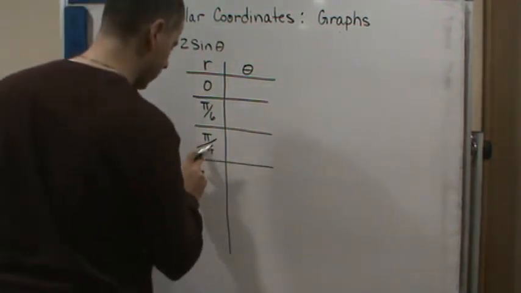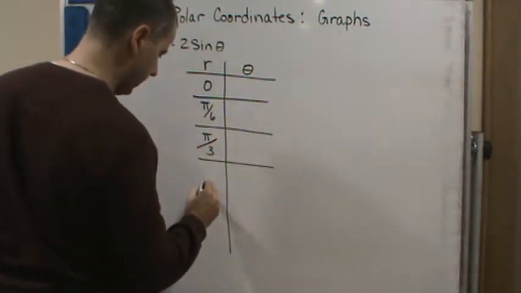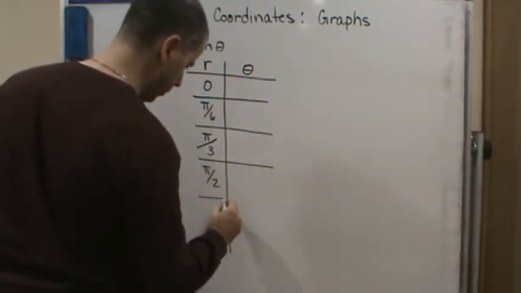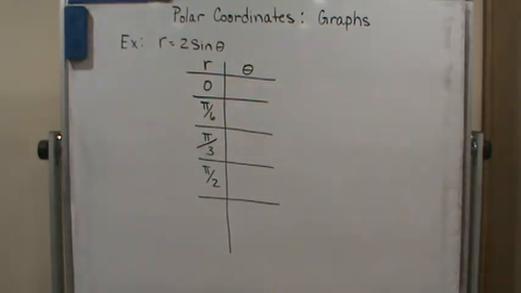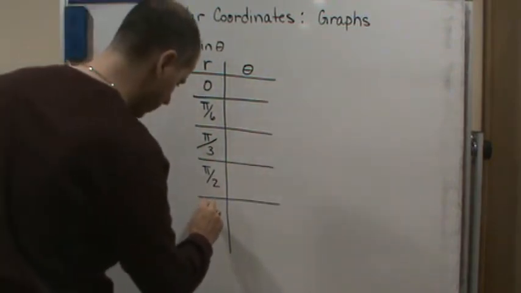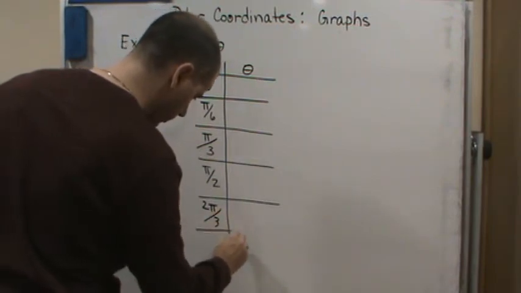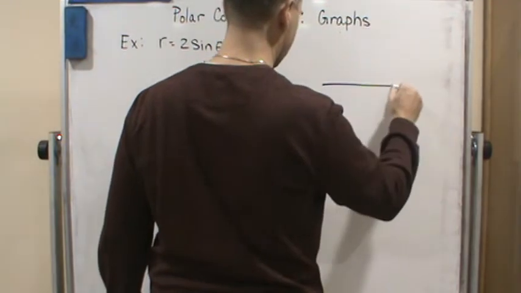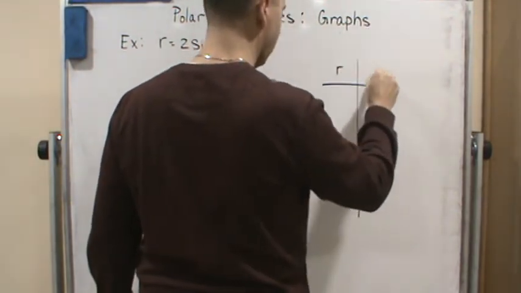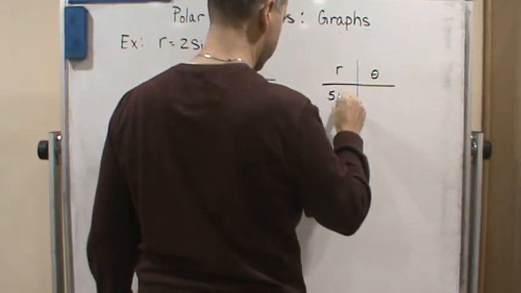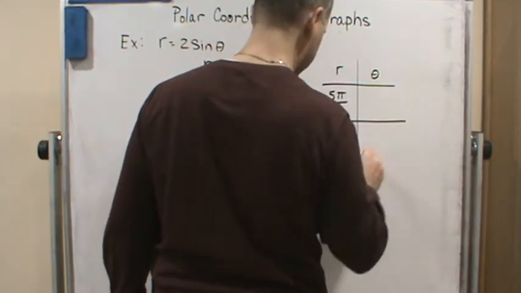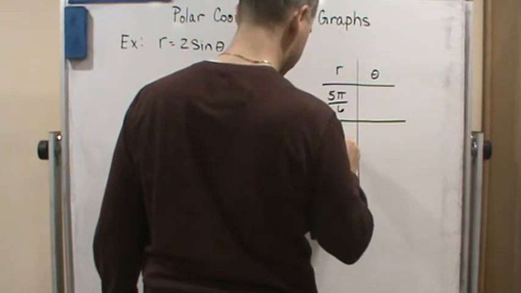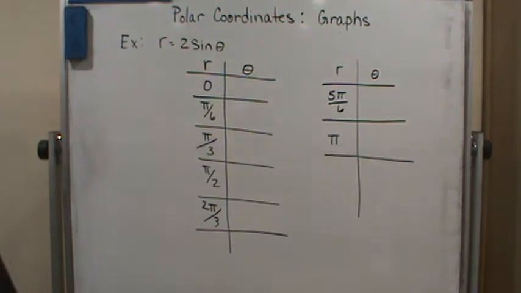Pi over 3. Pi over 2. And 2 pi over 3. Okay, so let's start with those.